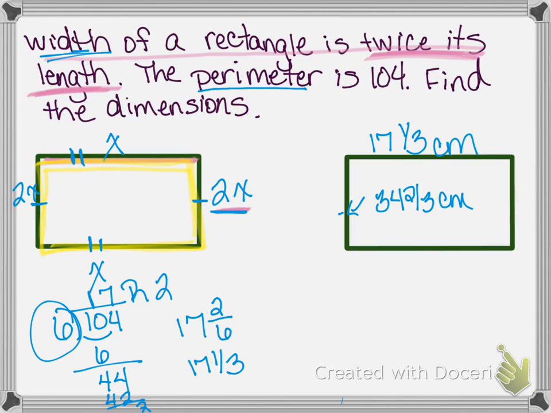So where does the 34 2/3 come from? I multiplied 17 1/3 times 2. So I plugged in the 17 1/3 because that's what x is. 17 1/3 is our x value. So our 2x is going to be that multiplied by 2. Good question.